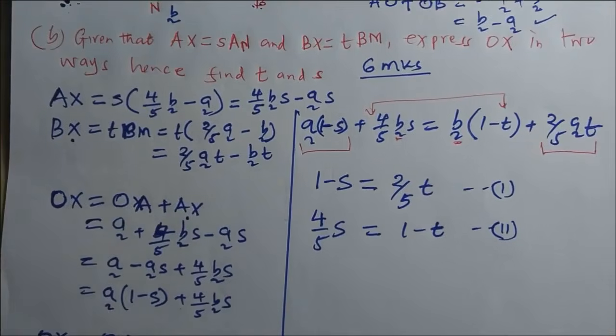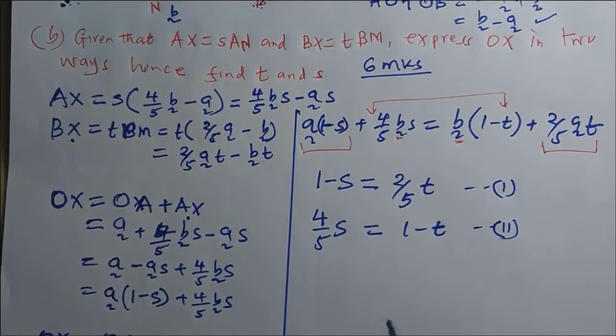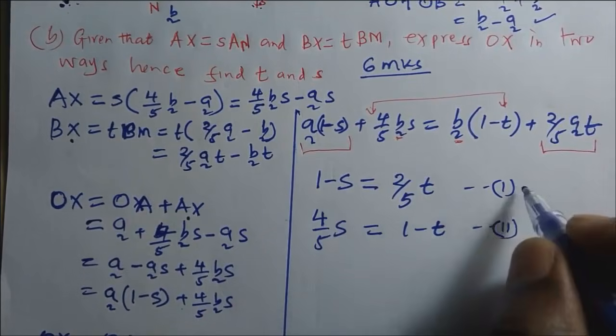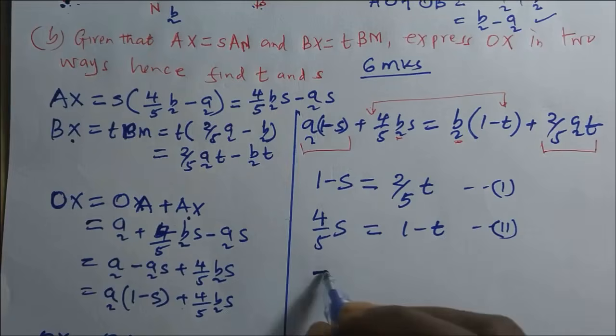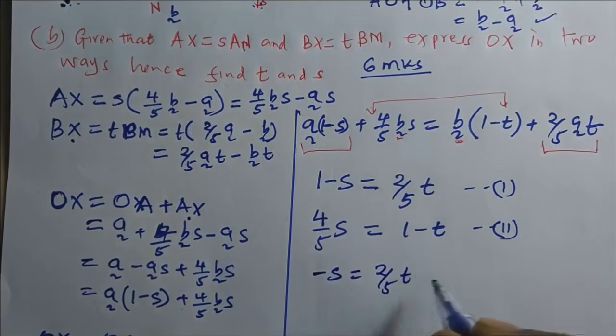Now we solve equation 1 and equation 2 to get the value of T and the value of S. You can try to use substitution. Let me do substitution. I will make S the subject. For equation 1, I will say minus S is equal to 2 over 5T minus 1.